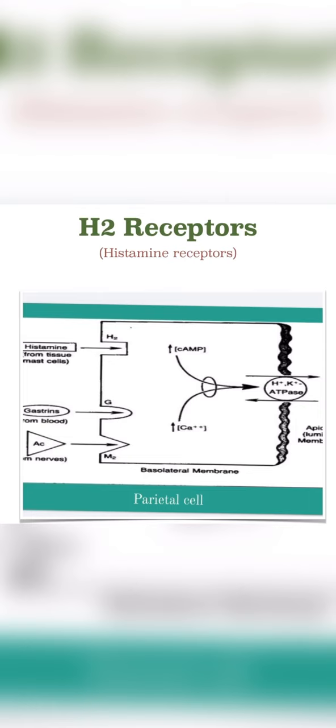Hence the H+ ions reach the gastric lumen, and the chloride ion, which is needed for the synthesis of the gastric acid, reaches the gastric lumen from the blood vessels, and in the lumen the HCl is formed. This is how the gastric acid is formed. So this is the mechanism behind the H2 receptors, which is responsible for the gastric acid secretion.